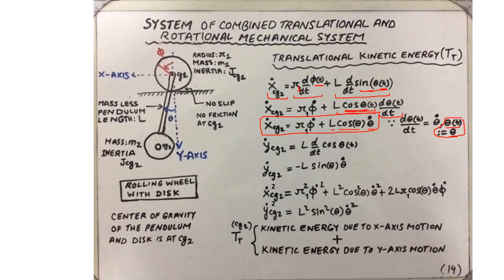Then comes the time derivative of the y component of CG2, that is y dot CG2, equals L times the time derivative of cosine theta. This is going to give you minus L times sine theta times theta dot, again with the help of the chain rule.